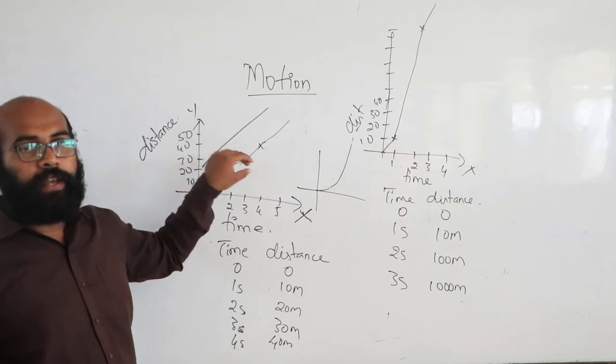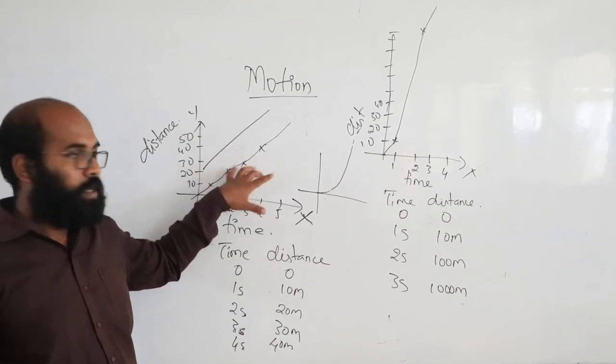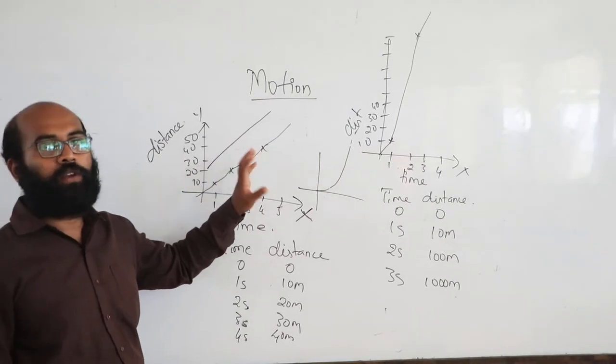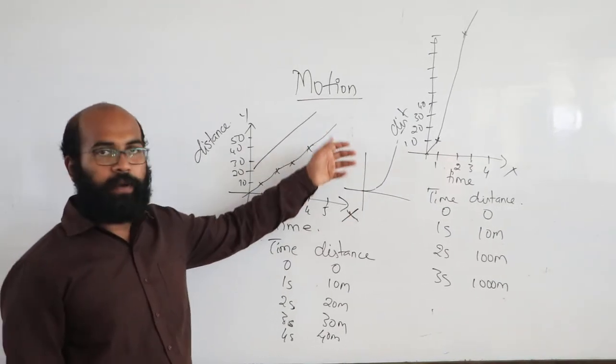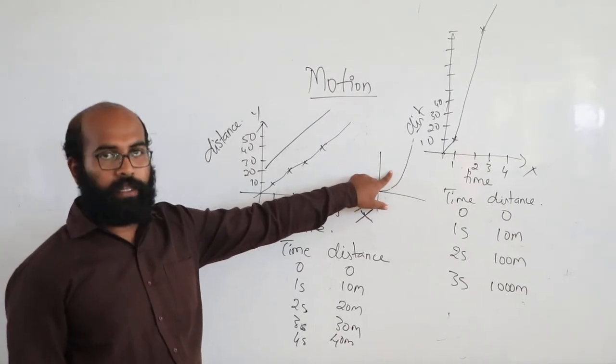So this is increasing exponentially. If any object is traveling in uniform motion, the graph will be a straight line. If any object is traveling in non-uniform motion, the graph might be anything. Here, since it is traveling exponentially, the graph will be like this.